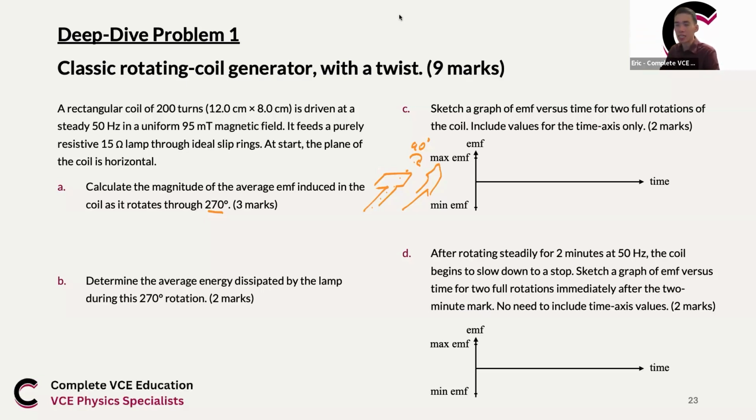So that's the first idea: the average EMF of a 270 degree rotation, assuming we start from a flat, horizontal position and flip into vertical, after the rotation should be the exact same situation as 90 degrees.